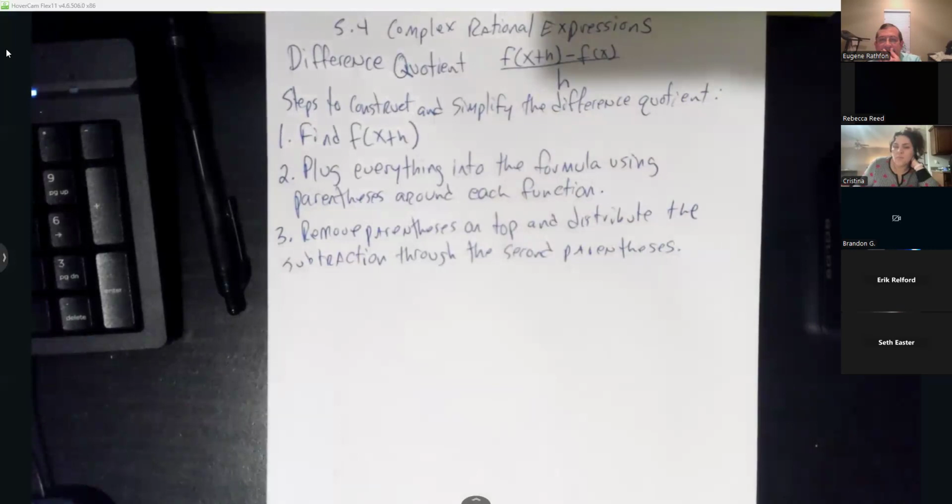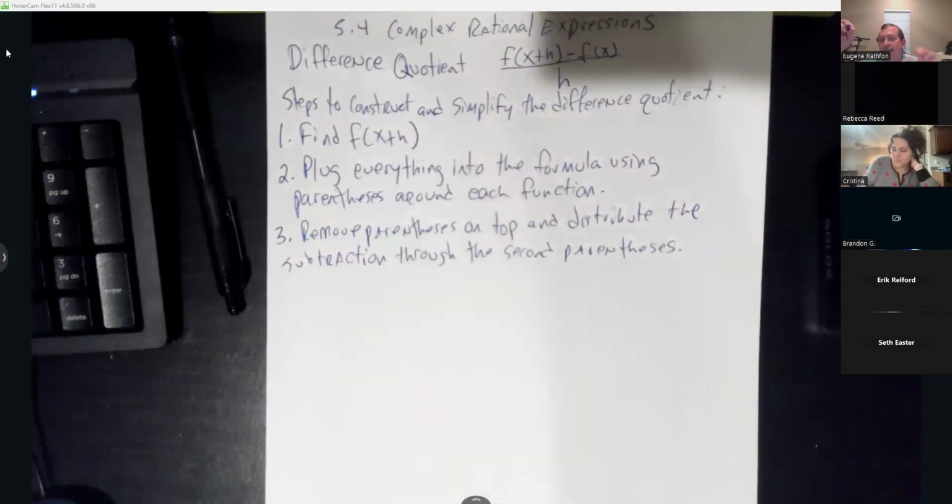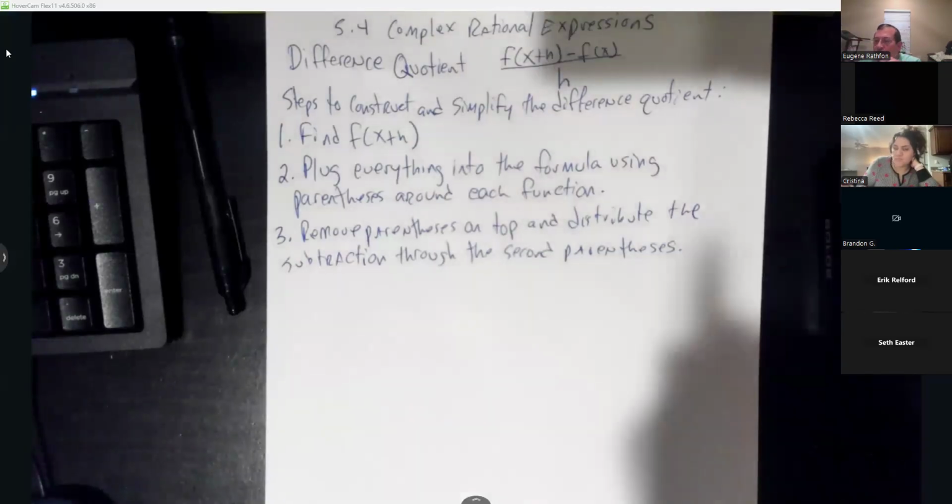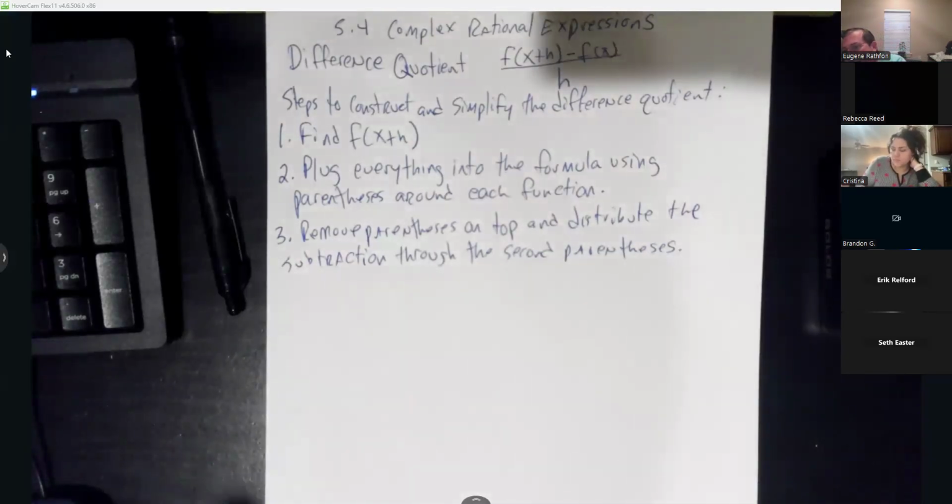So way back in 2.4, when we were doing all the function stuff and subtracting, remember when we subtracted, we distributed that negative through those parentheses, okay?